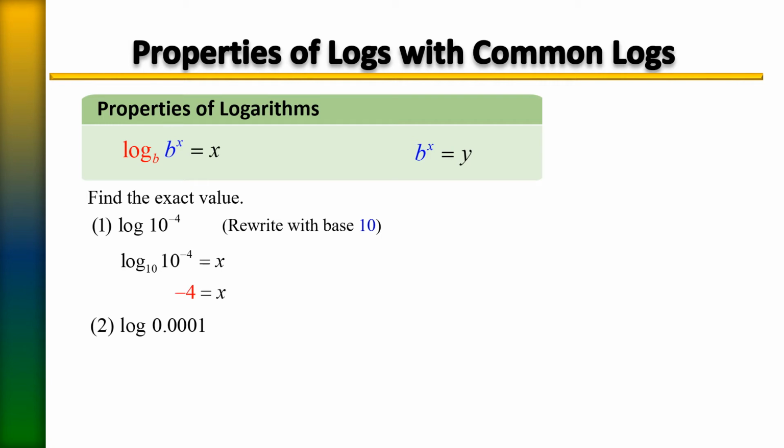All right, and so on the second example, you can look at this as a scientific notation. If you were to write that as a regular number, you would move 1, 2, 3, 4 places over. Another way you can look at it is, again, know that it is understood that this is a common log, so therefore it has a base of 10.